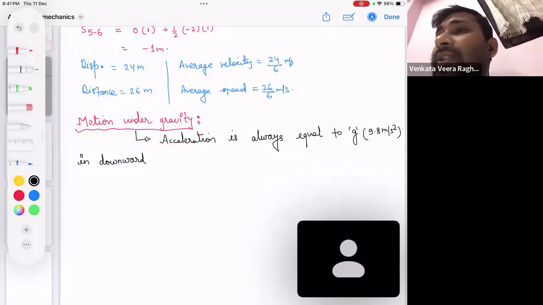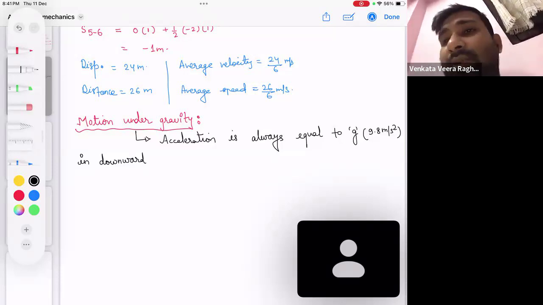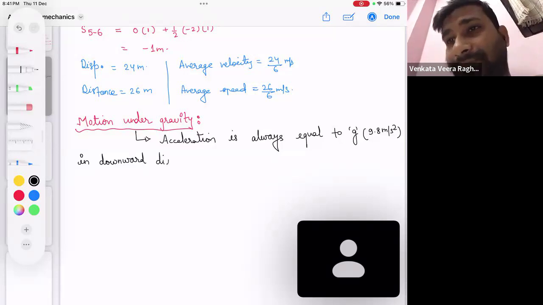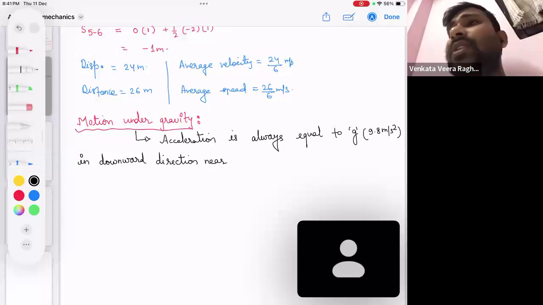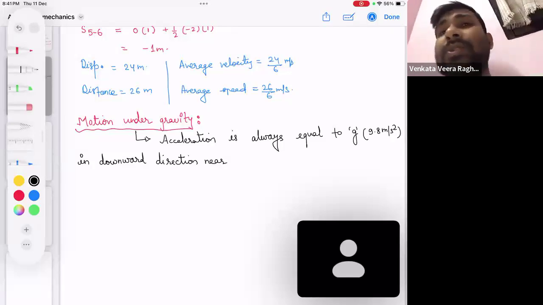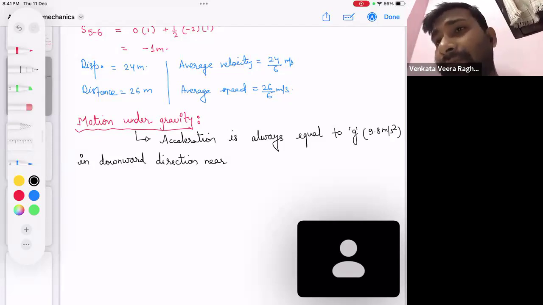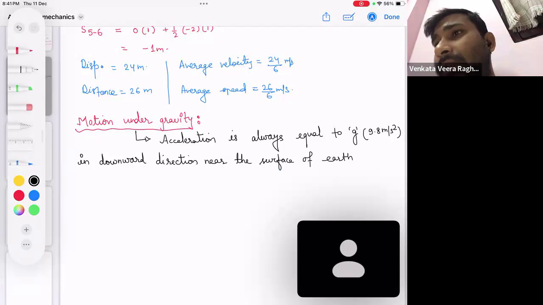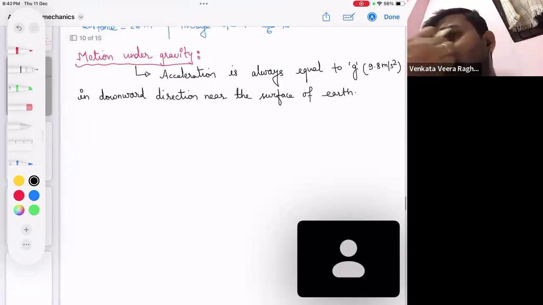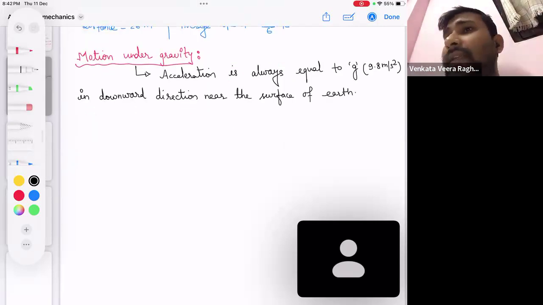So acceleration is always equal to g in downward direction near the surface of Earth. And all these motions are happening very close to the surface of Earth. So one variable is always known, and it is also a constant one.